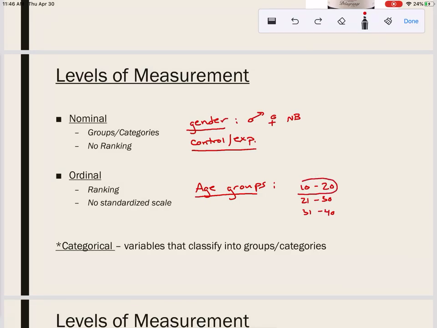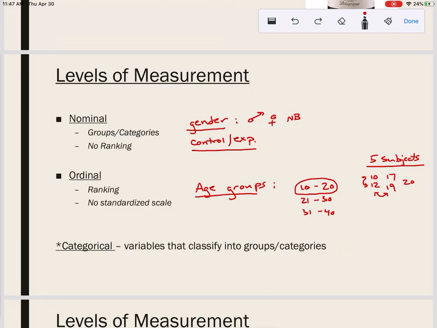a standardized scale. Because if I'm doing age groups, let's say that I get a sample of people that fall between 10 and 20 years old. I might have someone, let's say I have 5 subjects. Someone is 10, someone is 12, someone is 17, someone is 19, and someone is 20. So I have 5 subjects that are classified into my 10 to 20 age group.